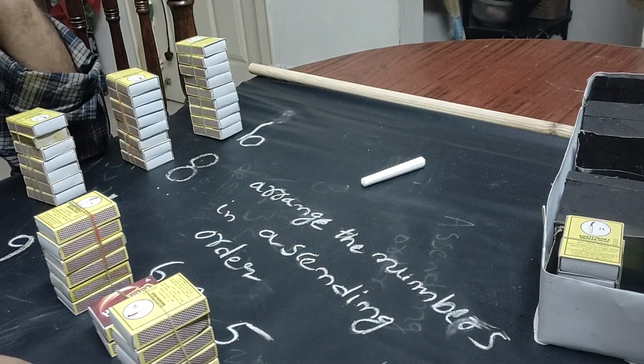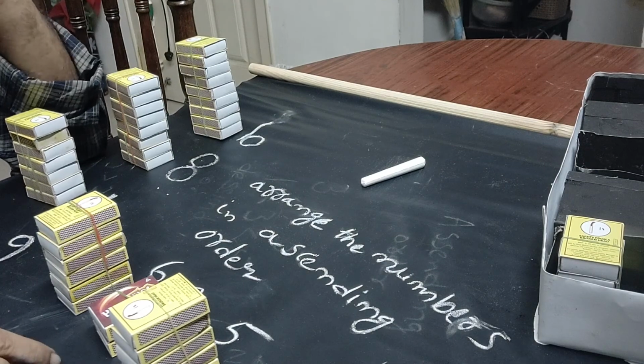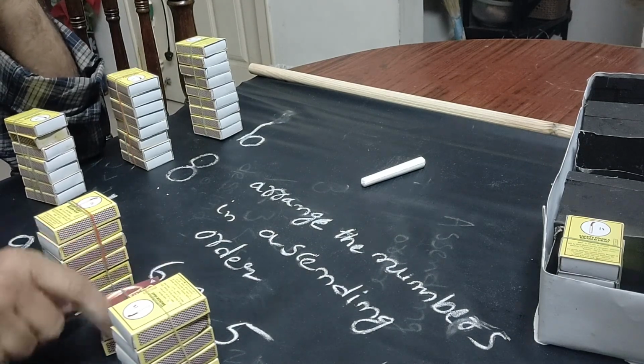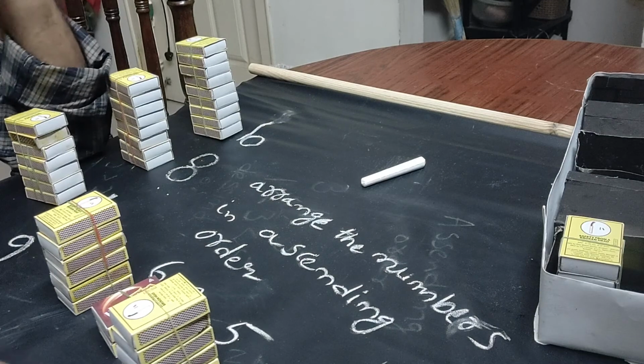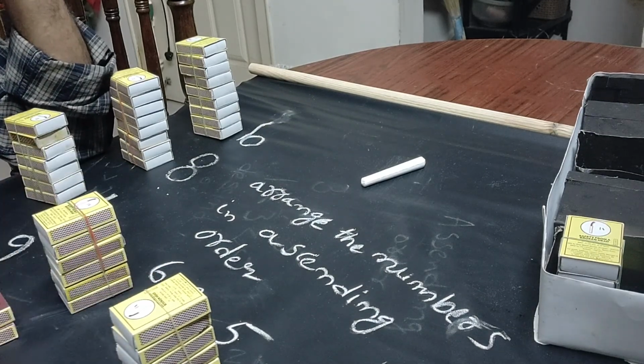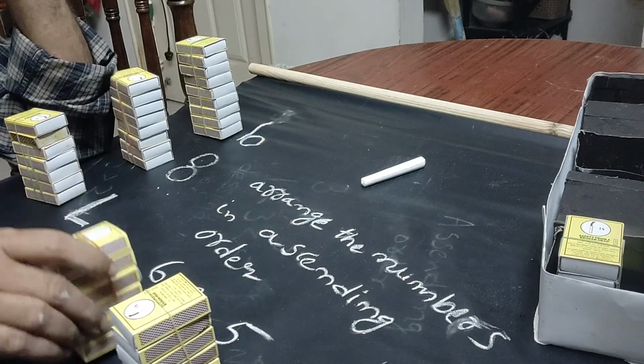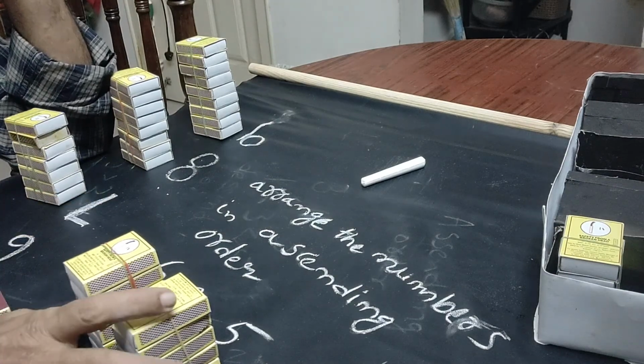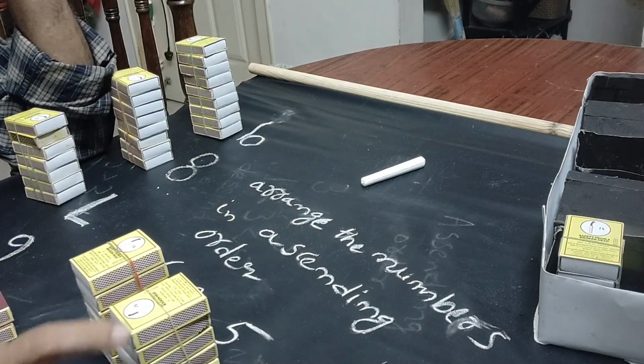That means which is the less height bunch. He observes and puts this.